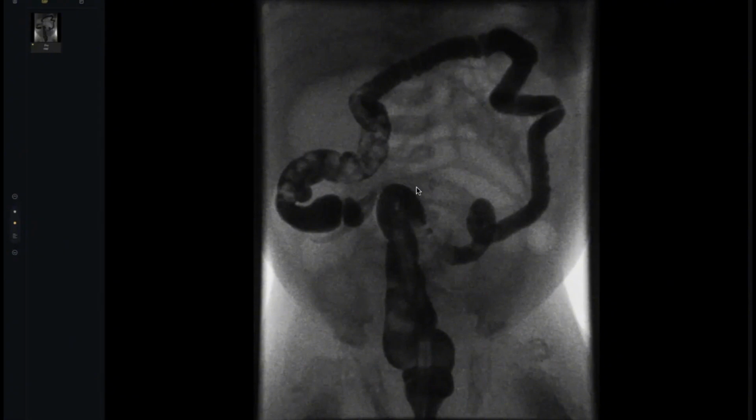Hello? Yes, am I audible? Yes, go on. So I'm thinking this could be a microcolon. I would like to correlate with the clinician if there is any history of meconium passage soon after birth. So, what's your concern?